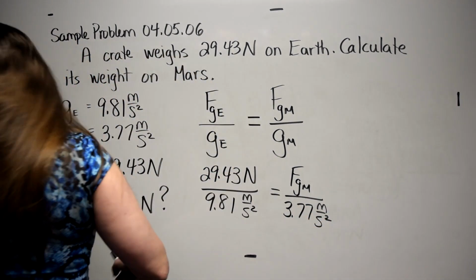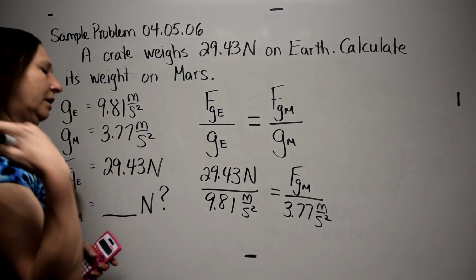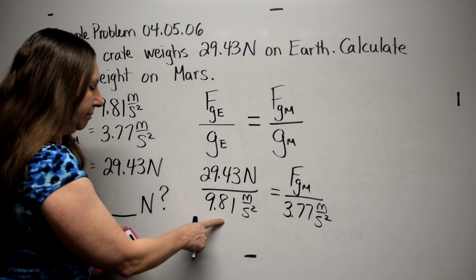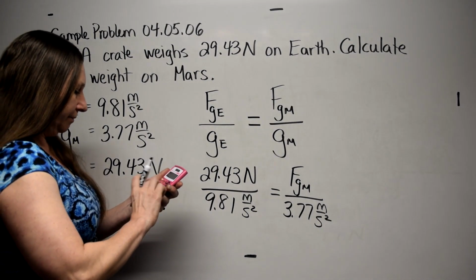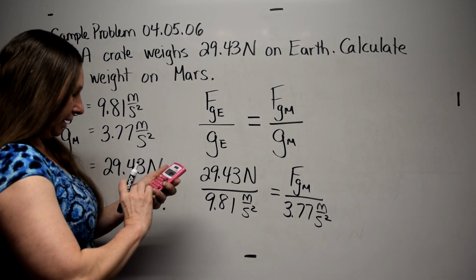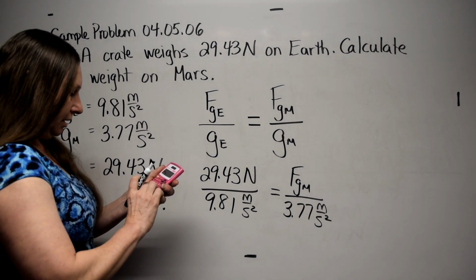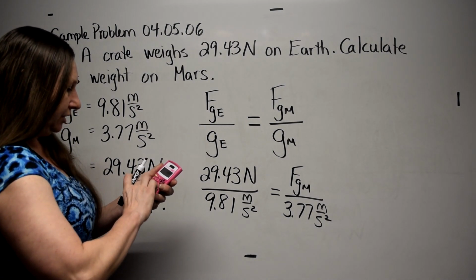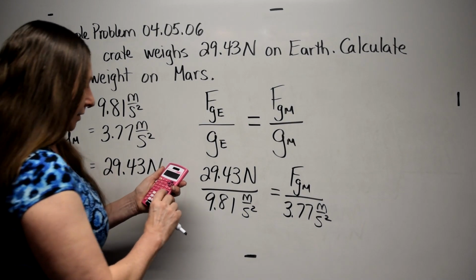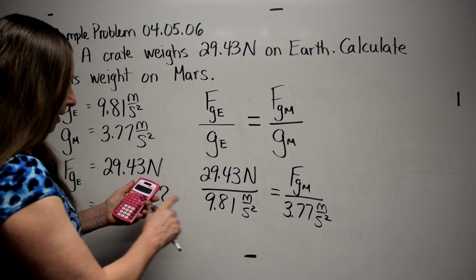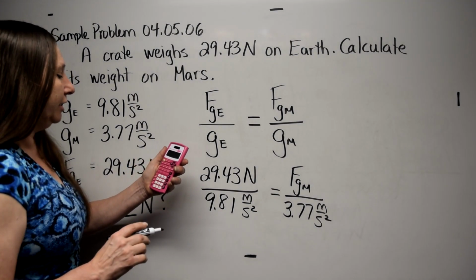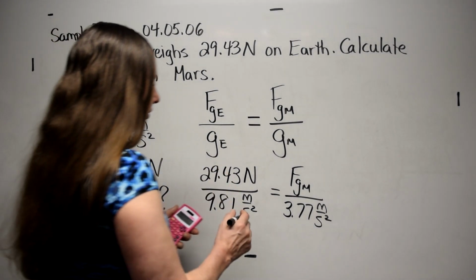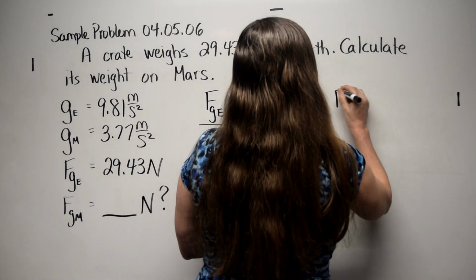So we're going to cross multiply, multiply this times this, divide by that, and we're going to get our answer, right? So 29.43 times 3.77, and then divided by 9.81 equals 11.31, just like we got when we did it the other way.